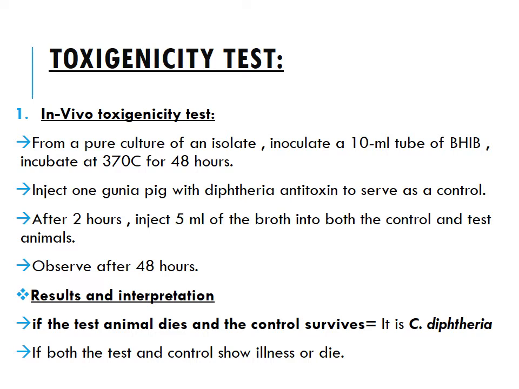After 2 hours, inject 5 ml of the broth into the control and the test animals. Observe after 48 hours. Results and interpretation: if the test animal dies and the control survives, it is Corynebacterium diphtheriae. If both the test and control show illness or die, it is a negative result.